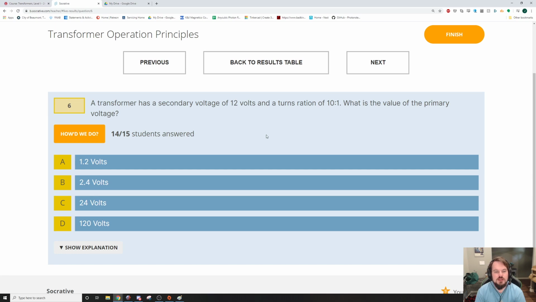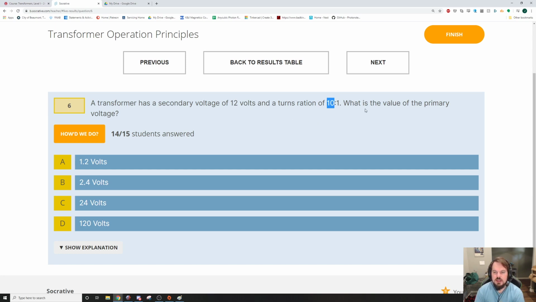A transformer has a secondary voltage of 12 volts and a turns ratio of 10 to 1. What is the primary voltage? So, let's see. Secondary. Okay. So if the secondary is 12, that takes place of the 1.